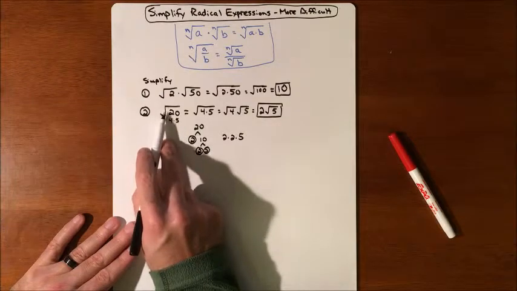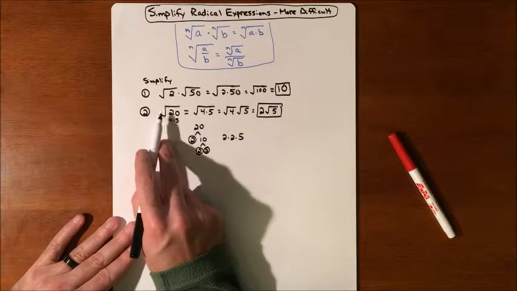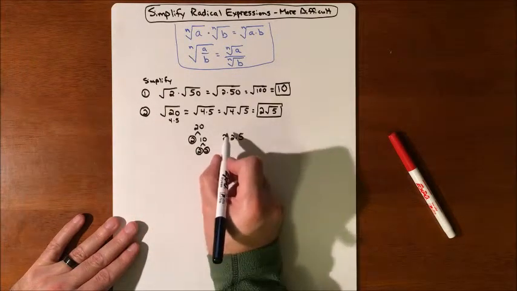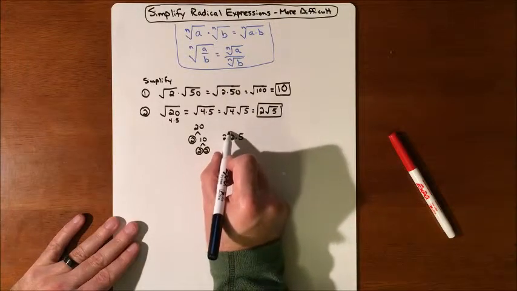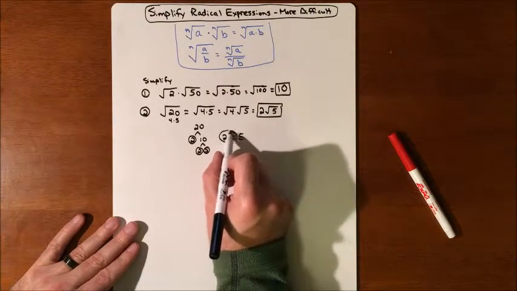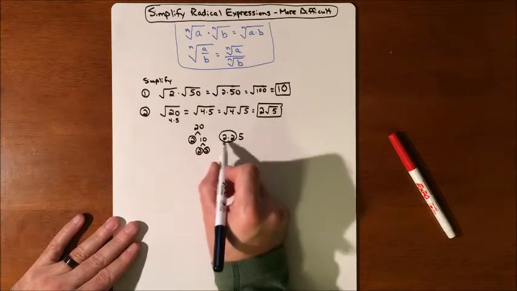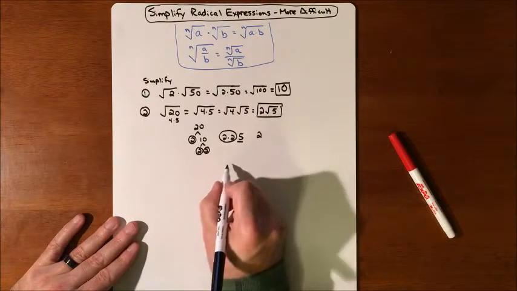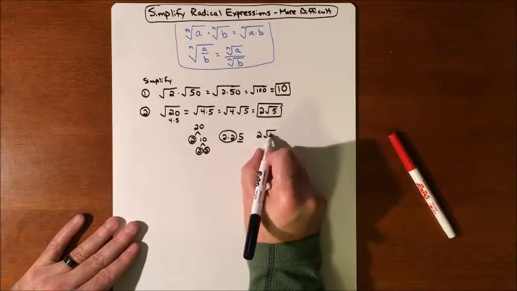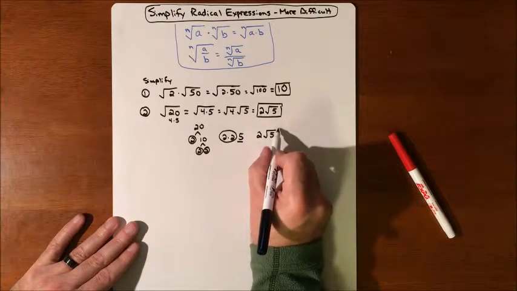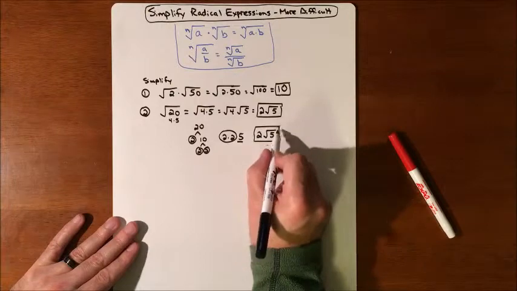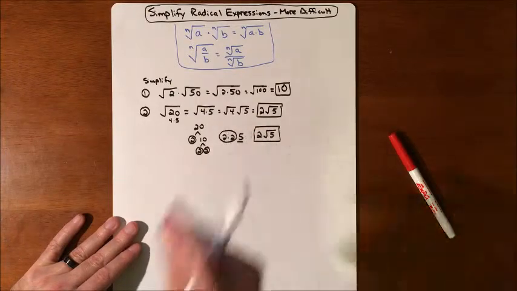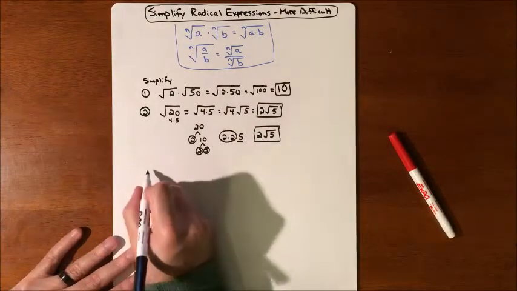And the whole idea of square rooting something is you're looking for perfect squares, so you're looking for pairs of the exact same number. That is our pair. So that is what we can square root. That's what's going to come out of the square root. And this doesn't pair up with anything, so that's going to stay on the inside. So it gets us the exact same result. And we'll do a couple more of those in the second one. It's part 2.